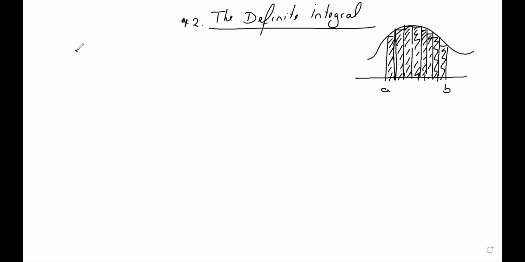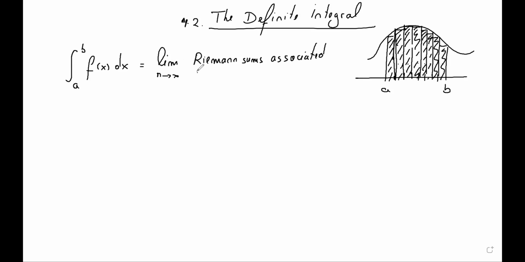And yesterday we defined the integral from A to B of f of x dx to be the limit as n goes to infinity of the Riemann sums associated with n subdivisions.